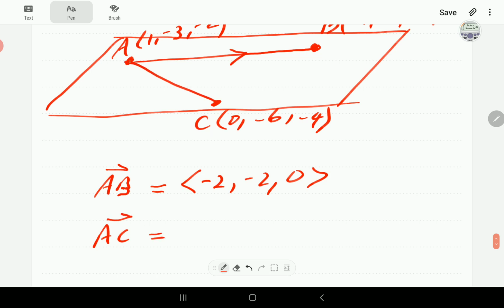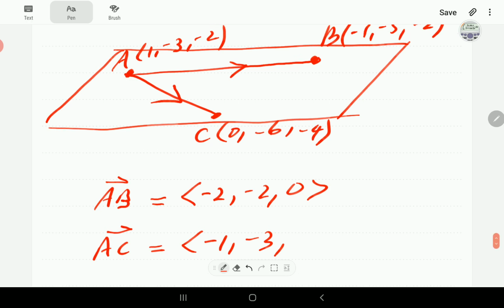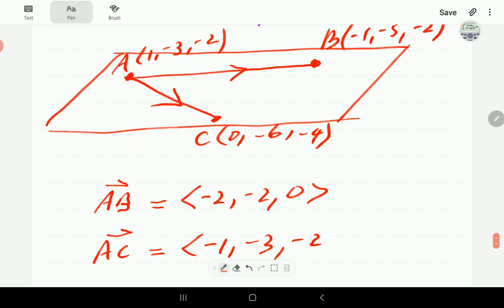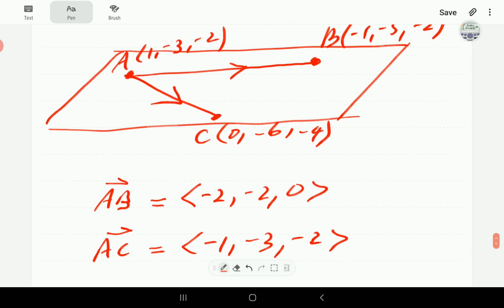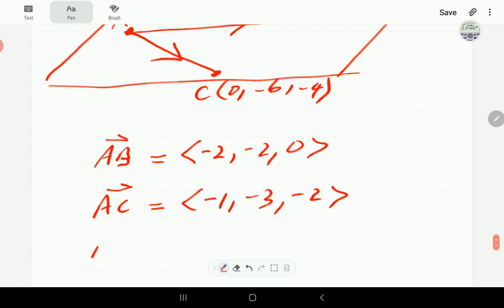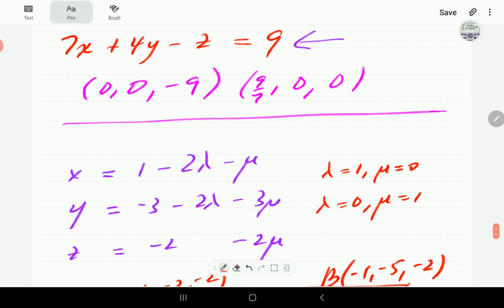It's going to be this vector here, which is in the plane. 0 minus 1 gives us -1, -6 minus -3 is -3, then -4 minus -2 is -2. So that is going to be the second vector. If we needed another vector, we could do BC, of course, but we only need 2 vectors. So in terms of answering that question, this is already good enough.